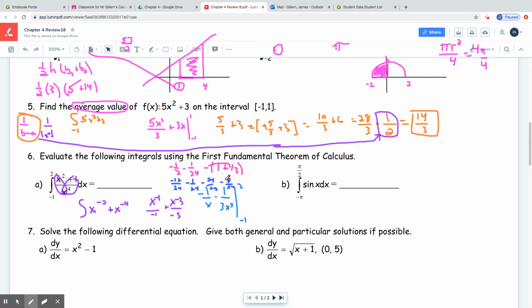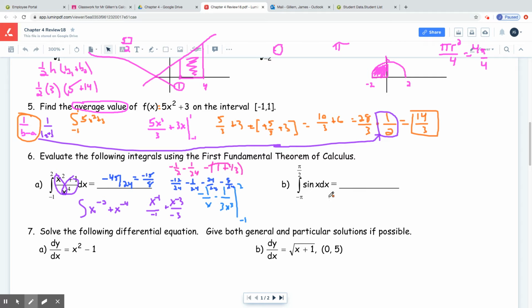It's all negative, so just add them up. 12 and 1 is 13. 13 and 24 is 37. 37 and 8 is 45. So negative 45 24ths, which we could reduce. 3 goes into those, what? Negative 15 over 8.